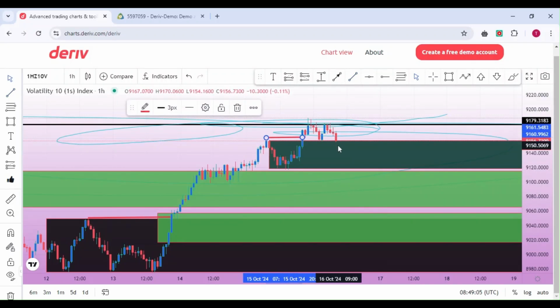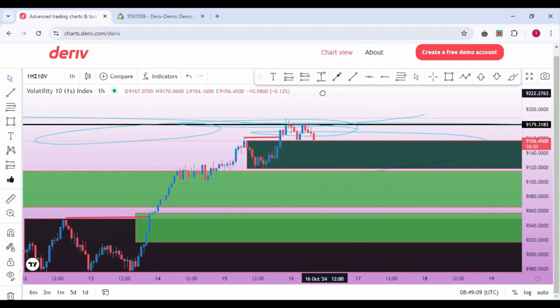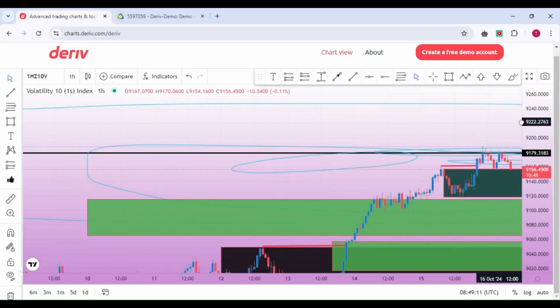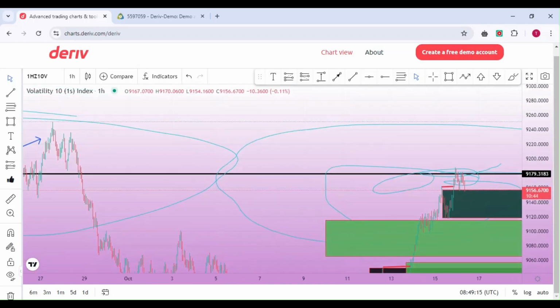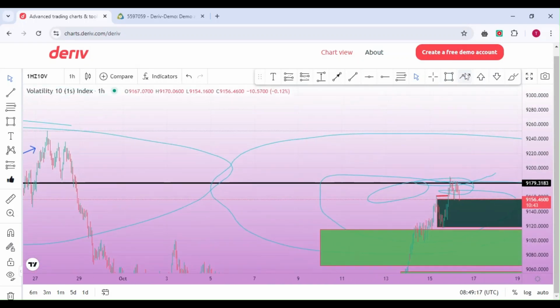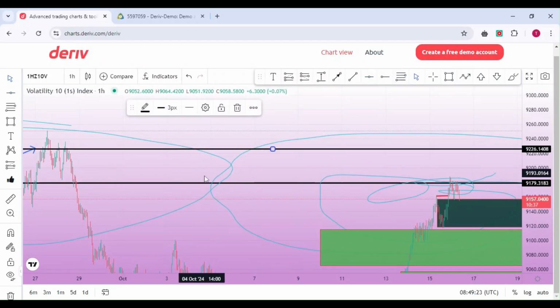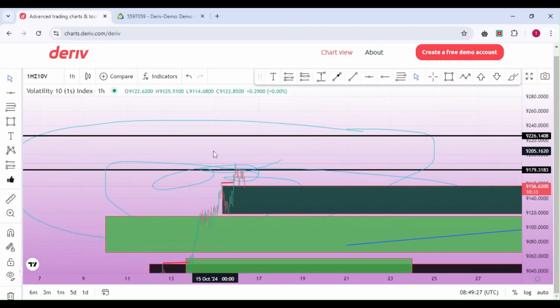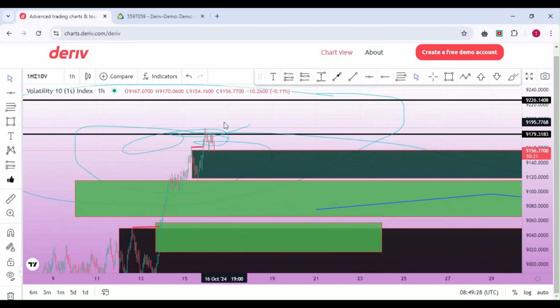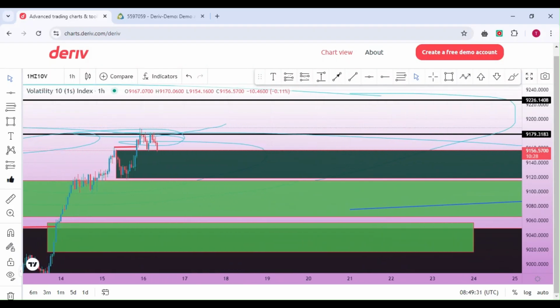It's trying to make another pullback and then maybe proceed upwards to where? Now let's look at our zone. It will be aiming at this point here, which now we don't know because it is the same area. It reversed from the first touch, so maybe it is aiming to make that pullback and reach it.